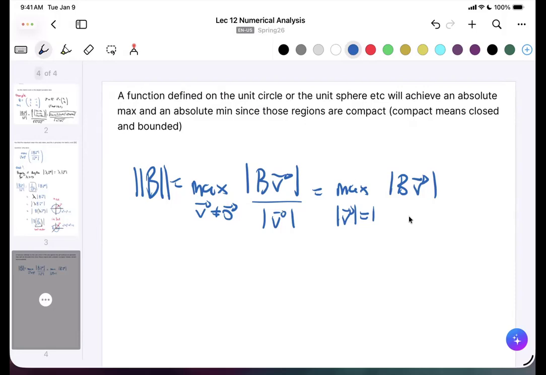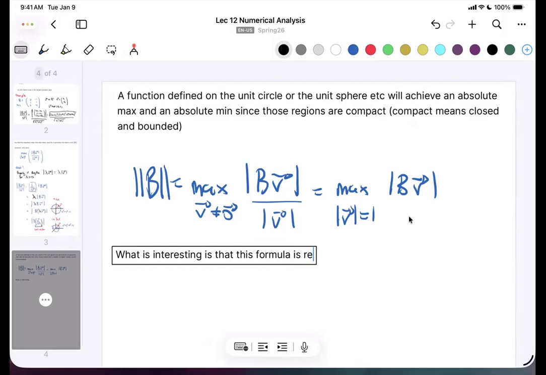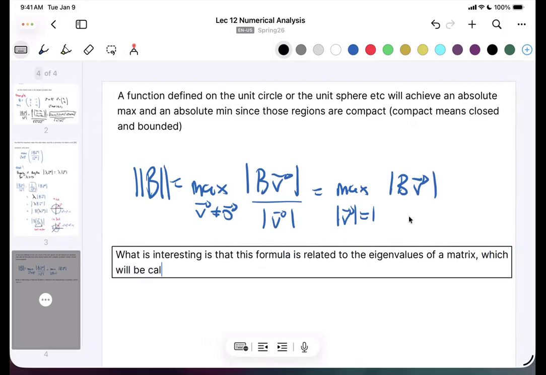Okay, so this definition of the matrix norm, what's interesting. Has anyone heard before of the singular value decomposition of a matrix? Does that ring a bell? Well, I'll tell you what it is. It's really cool. What is interesting is that this formula is related to the eigenvalues of a matrix, in fact, which we call the singular values.